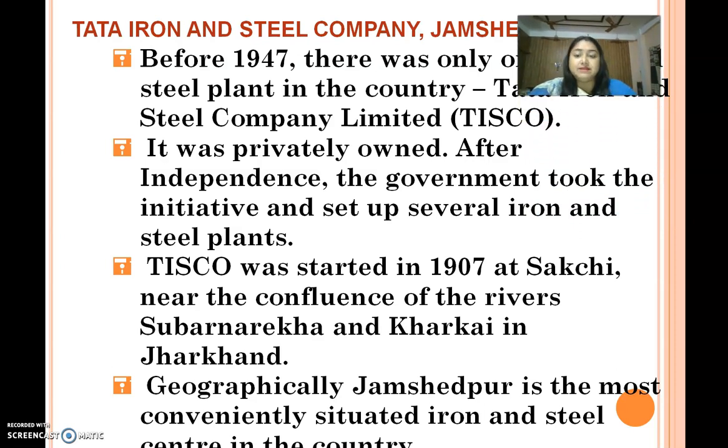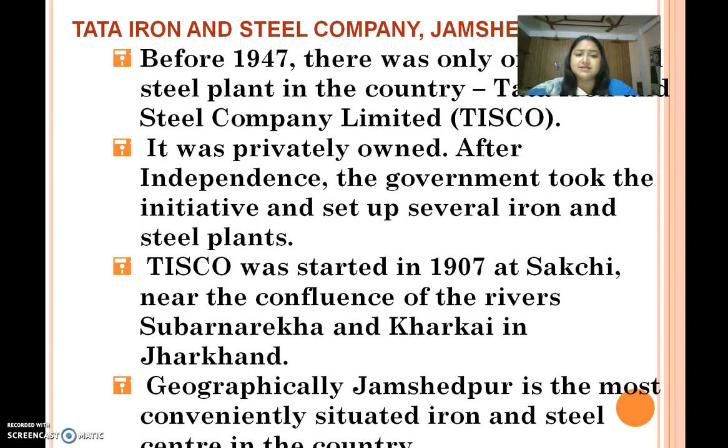But after independence, that means after 1947, the government took up special initiatives. It took up several steps to ensure that more iron and steel industries were set up. TISCO was started much before 1947, in 1907, at Sakchi.